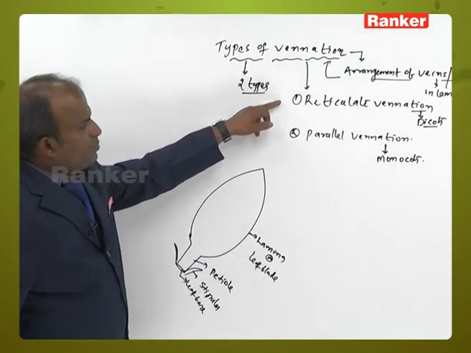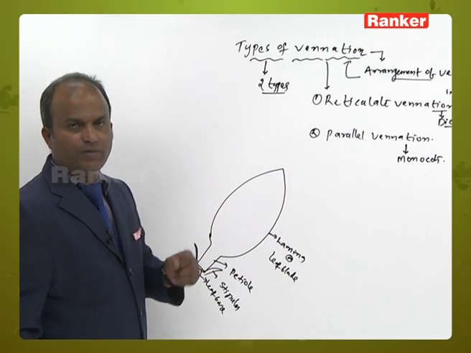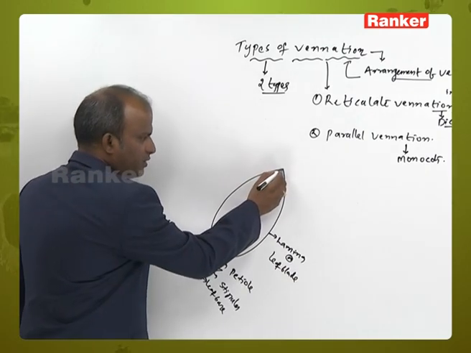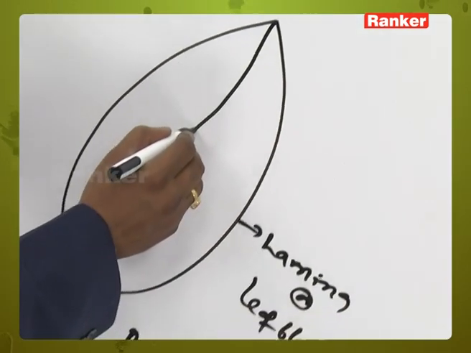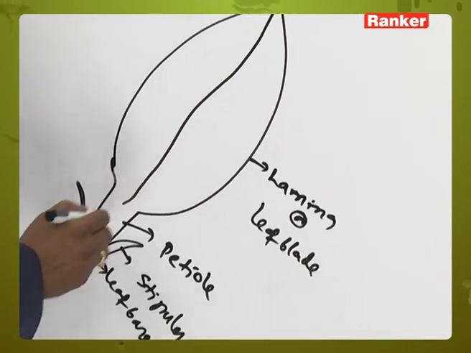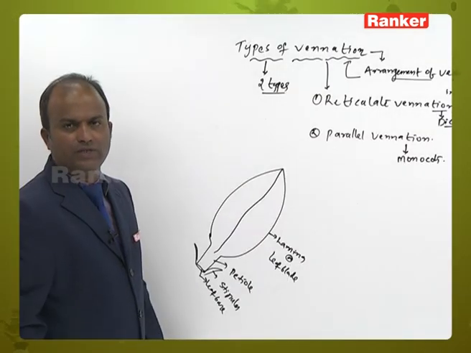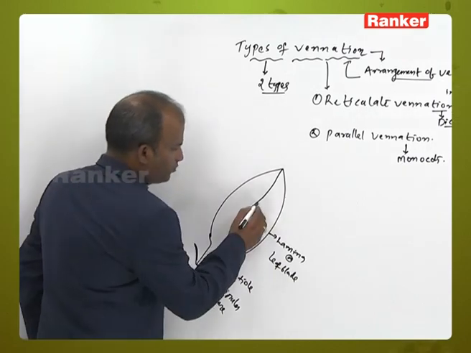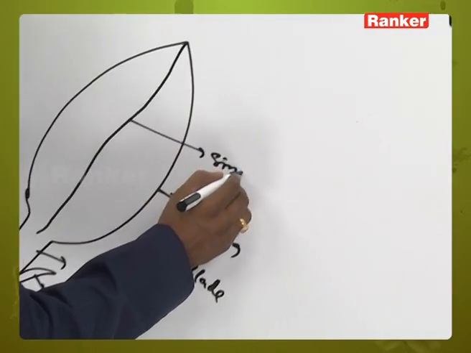In reticulate venation, there is a single midrib which runs from the base of the leaf towards the apex of the leaf. This is called the single midrib.